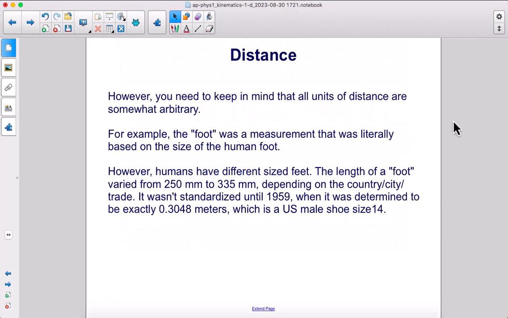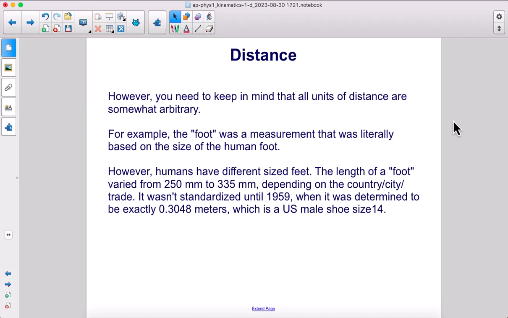However, you need to keep in mind that all units of distance are somewhat arbitrary. For example, the foot was a measurement that was literally based on the size of the human foot. However, humans have different sized feet. The length of a foot varied from 250 millimeters to 335 millimeters, depending on the country, city, even trade.